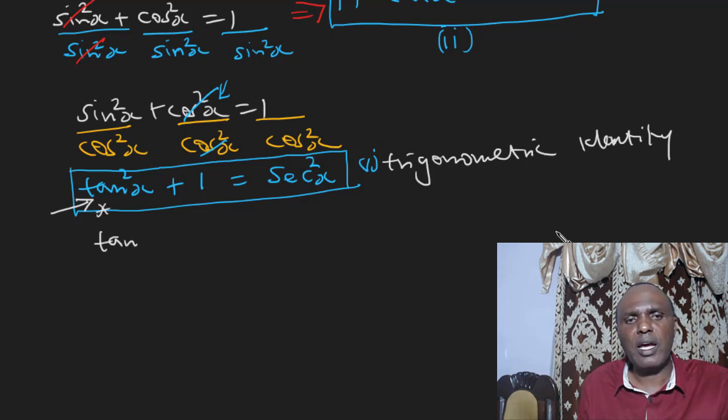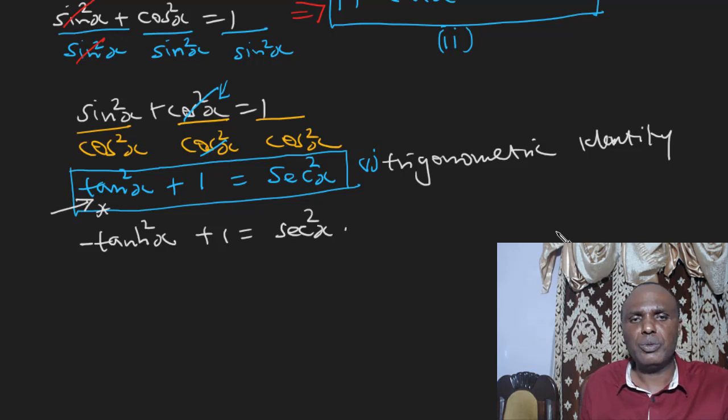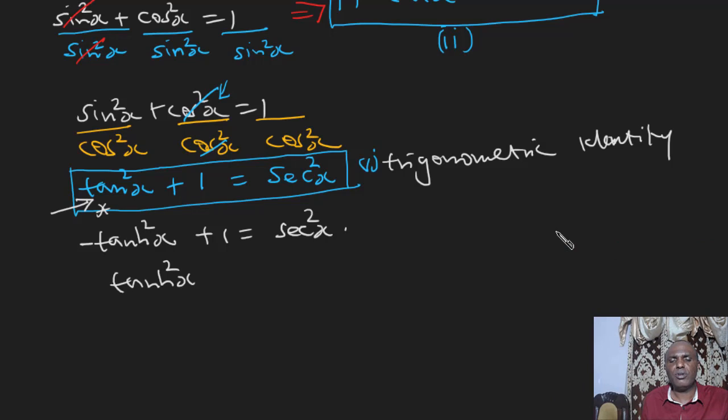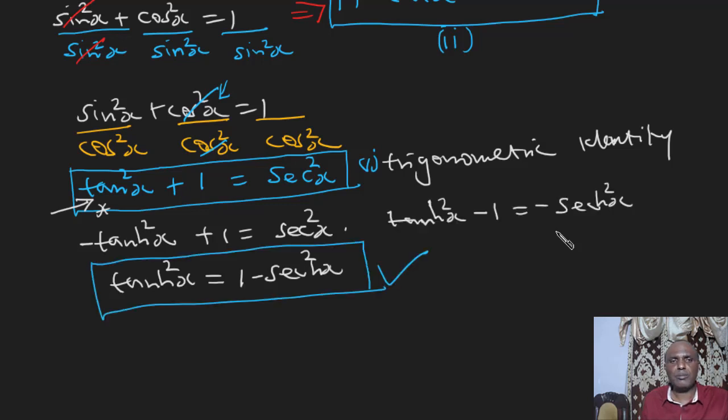It becomes tanh squared x, and we have to change the sign from positive to negative. Plus 1 is equal to sech squared x, and now you can see that tanh squared x therefore is equal to 1 minus sech squared x. We have proved the hyperbolic identity relating to tanh squared x.